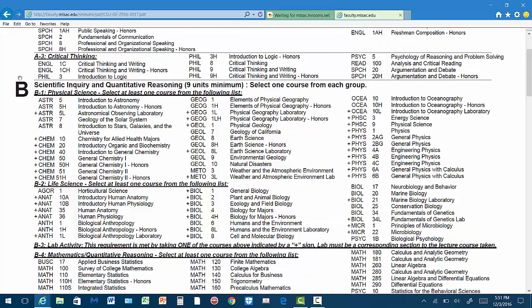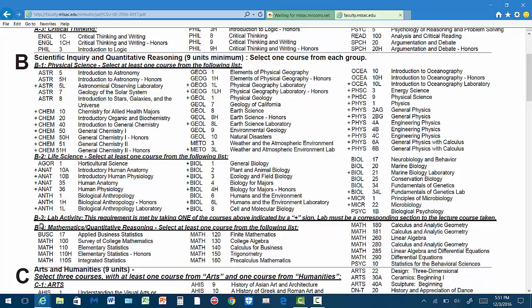Let's see if we can figure out how to take classes from section B. Scientific inquiry and quantitative reasoning, 9 units minimum. Select one course from each group. So group B1, 1 class. B2, 1 class. B3 has instructions that one of the 2 classes from B1 or B2 must have a lab activity or laboratory.